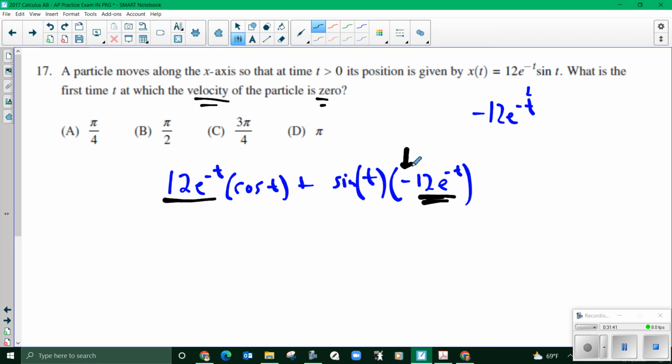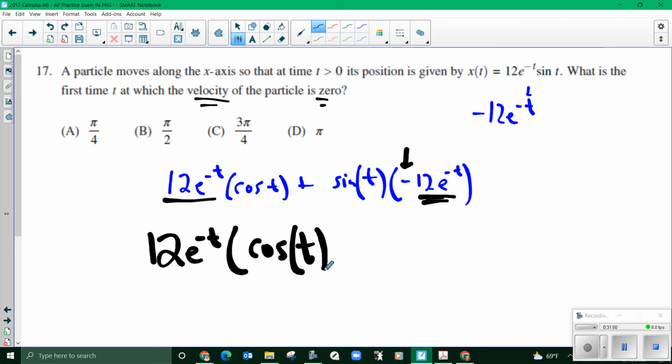I'm just taking out the 12e to the negative t. So I've got 12e to the negative t times cosine of t minus, because that minus sign got left behind, sine of t. Okay, so I need to figure out where this equals 0.